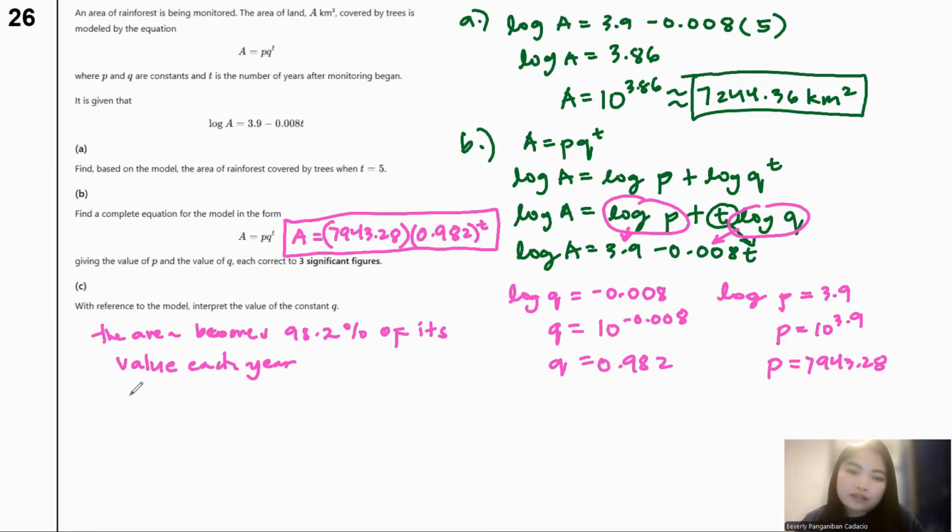Or you can state that 100 minus 98.2 gives around 1.8% decrease per year. Or again, you can just state that there's decay, stating the percentage of the decrease per year. And that's it.